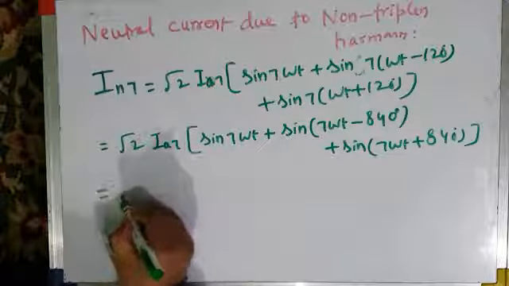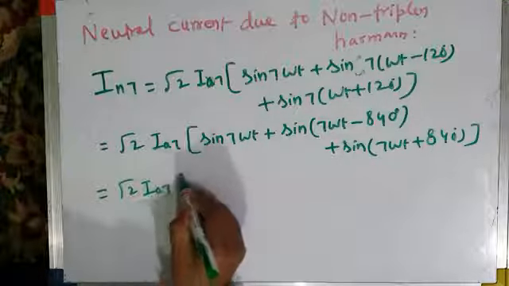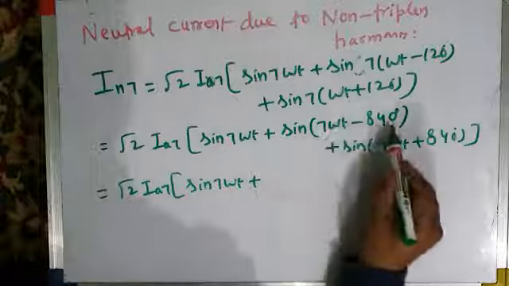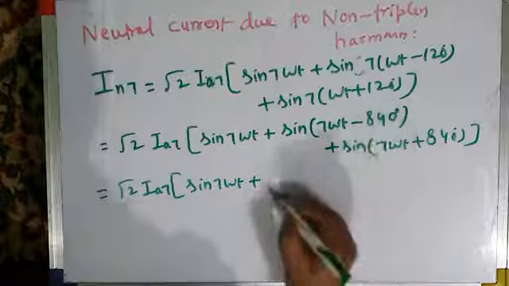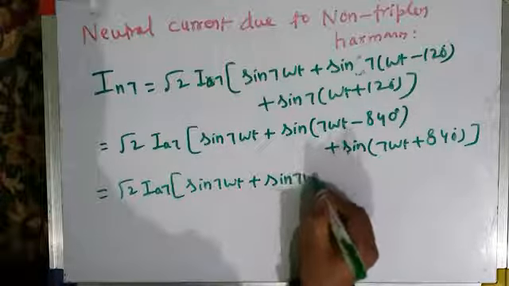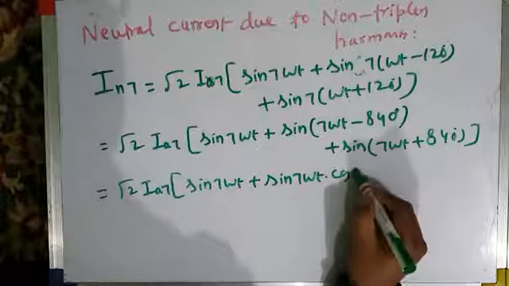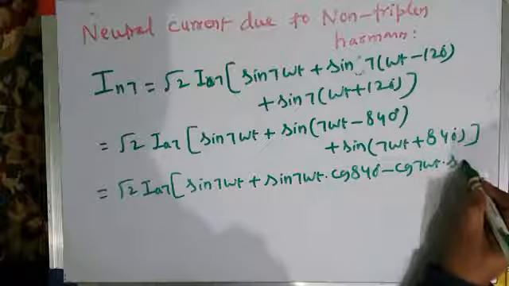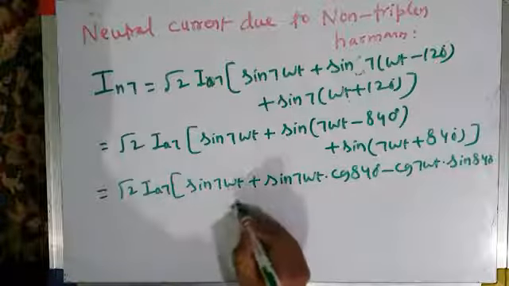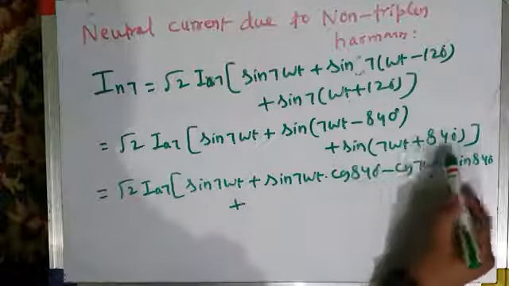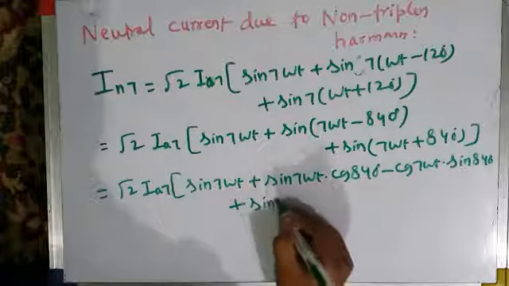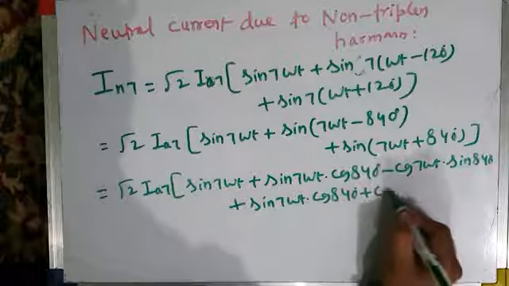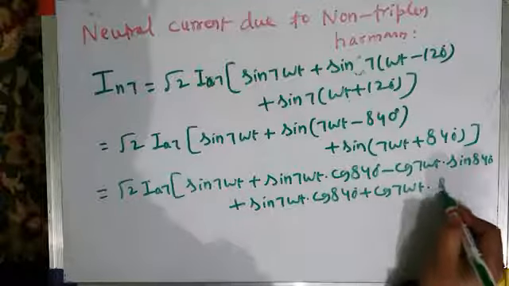Using sine of A minus B is sine A cos B minus cos A sine B, and sine of A plus B is sine A cos B plus cos A sine B.